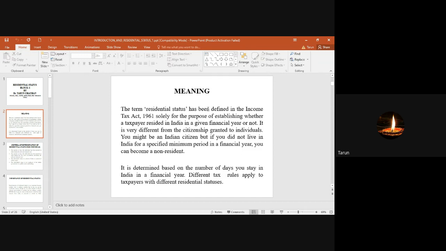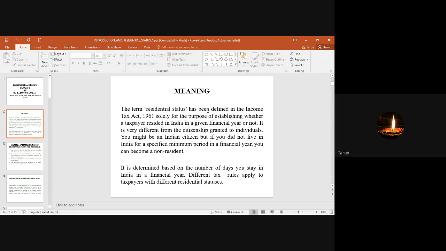So it totally depends on the number of days that a particular individual stayed in India in that financial year. And of course, different tax rules apply to taxpayers, or assessees, with different residential status.